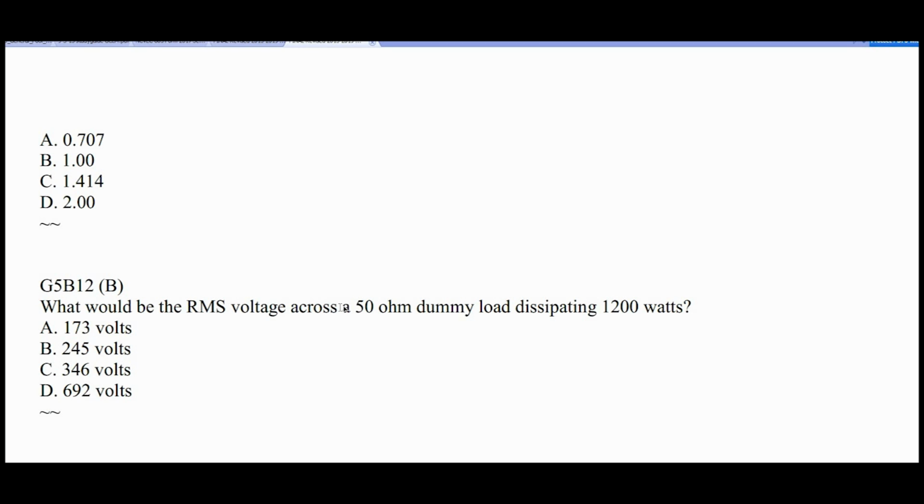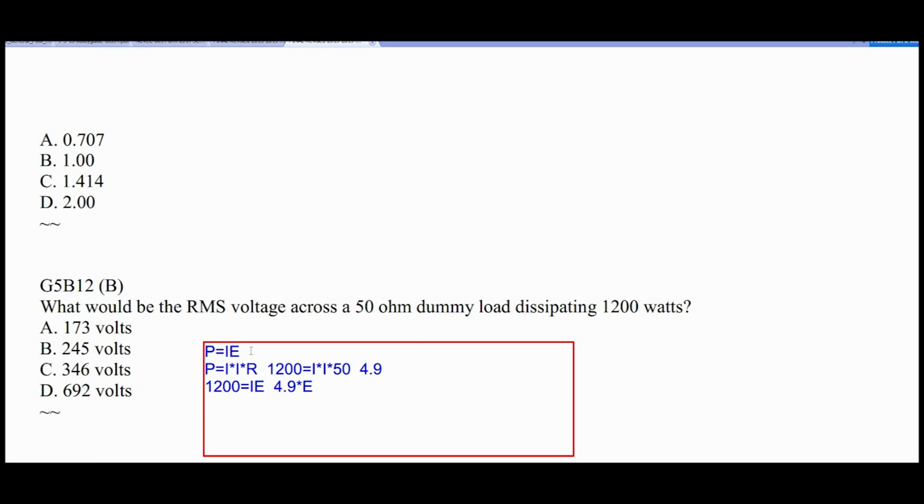G5B12, what would be the RMS voltage across a 50 ohm dummy load dissipating 1200 watts? So we know that we're looking for RMS voltage. So we've got 50 ohm dummy load, 1200 watts. Let's do some math here real quick. We're dealing with watts, so we're not talking about peak-to-peak voltage.